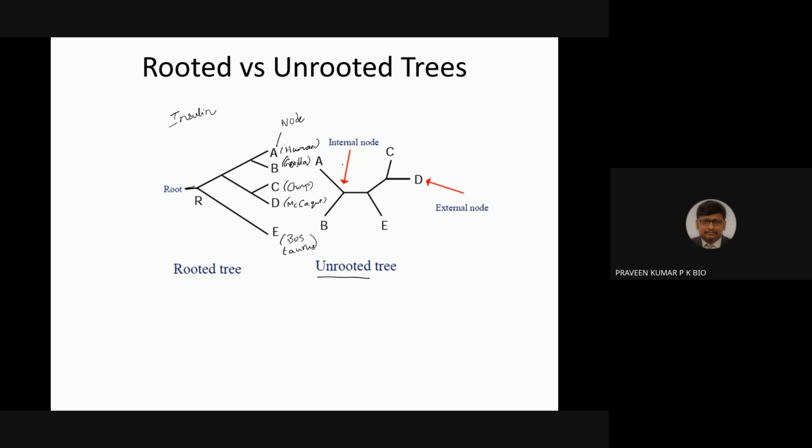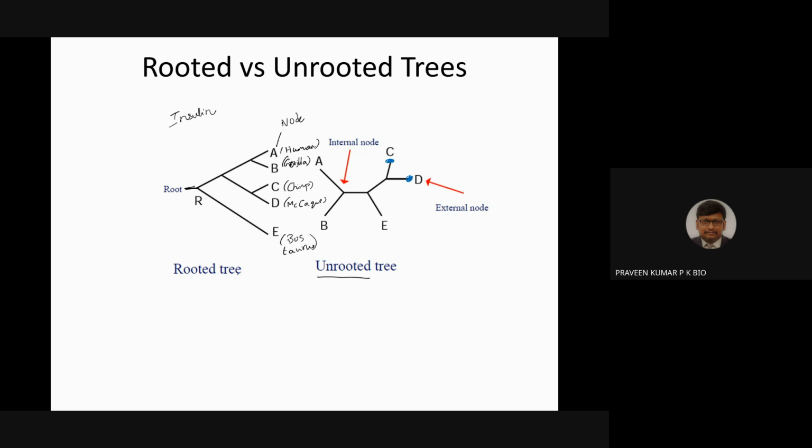Here the parts of the tree are nodes, and here you have types of nodes like the external node, whatever you see at the end. I take a different color for representing. Whatever you see here, this one is an external node, this is another external node. The nodes obviously represent the sequences of a protein or a nucleotide.